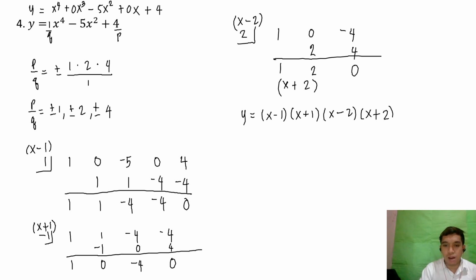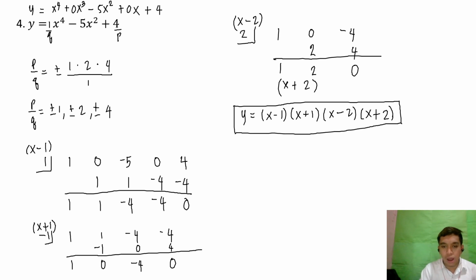So ito yung ating factors ng ating polynomial function. So ito yung factored form ng ating polynomial function. Y is equal to quantity of x minus 1 times quantity of x plus 1 times quantity of x minus 2 times quantity of x plus 2.